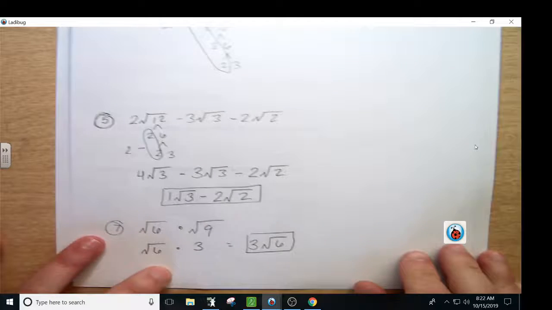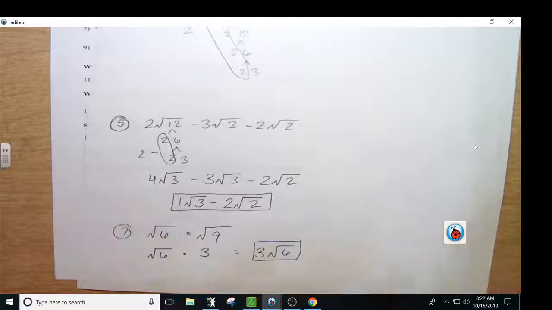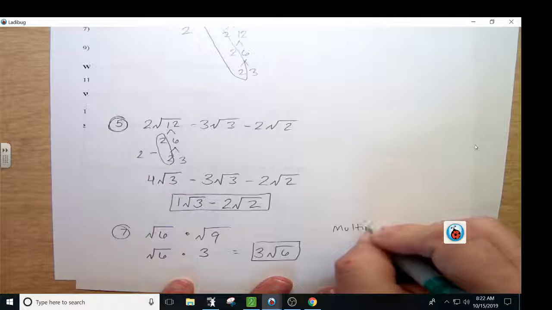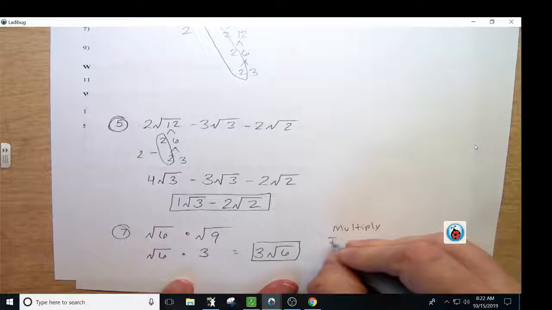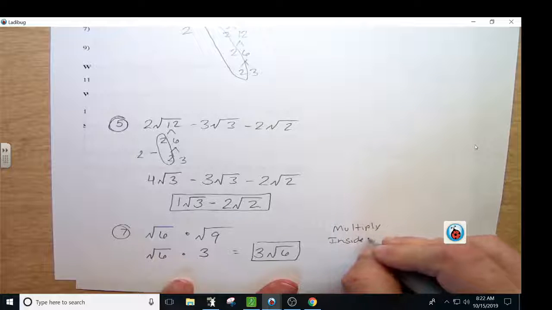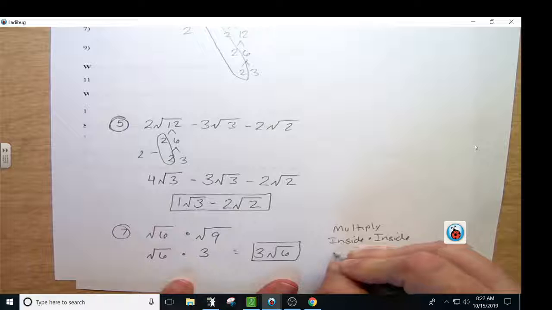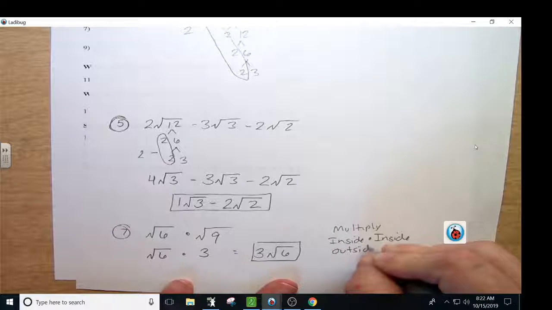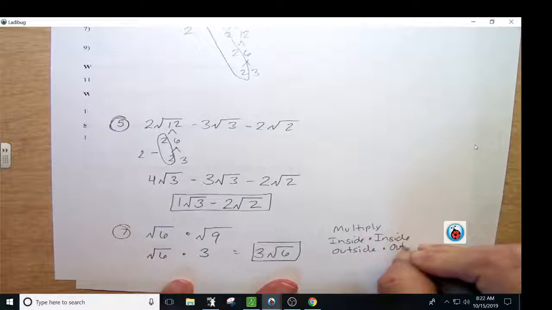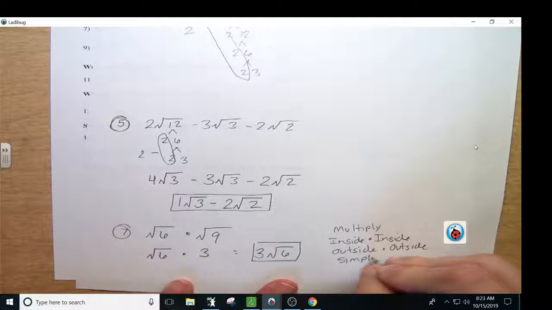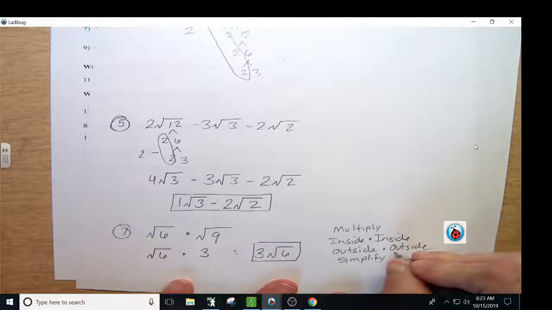Now, for problems that can't be done like that, guys, don't forget when you multiply, it's inside times inside, outside times outside, and simplify if possible.